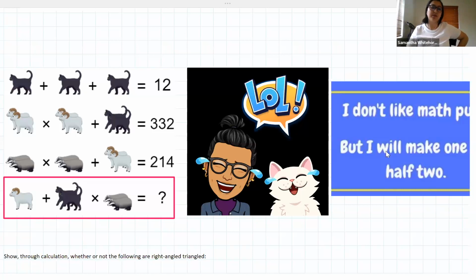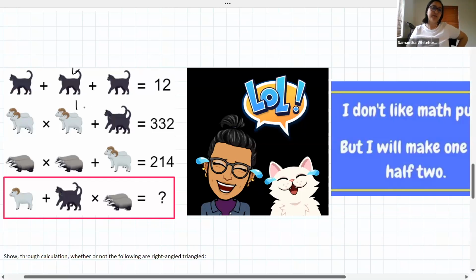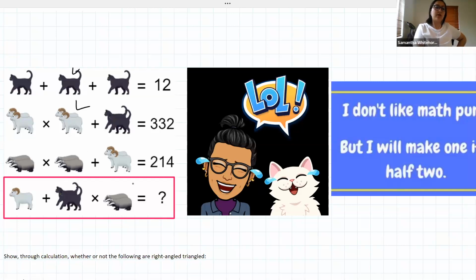Remember, you're trying to find the value of the cat, the goat, and the raccoon in order to get the value of your last equation. It's solving an equation, like we do in algebra.